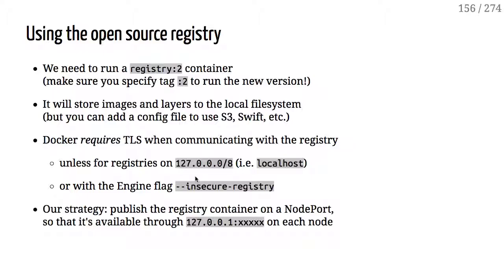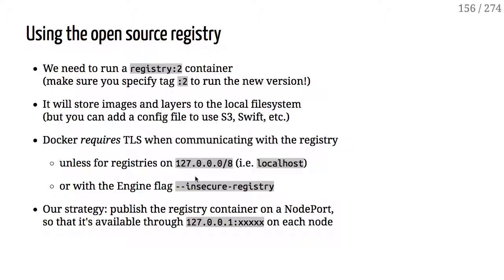If you want to run your own Docker registry, it's pretty easy. You just need to run the registry:2 container. By default, it will store the layers, the images, on the file system. If you want a more production-grade deployment, you can just add a small config file that will define a backend for the registry, like you could store into S3 or the Google Object Store, etc.